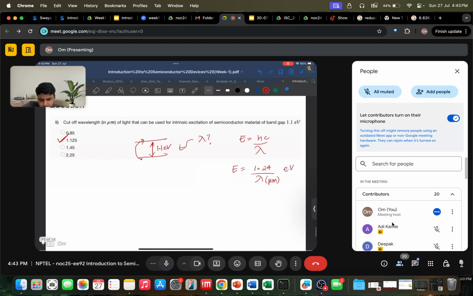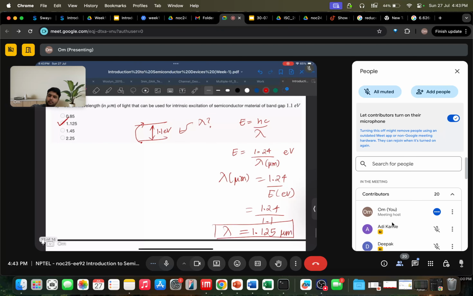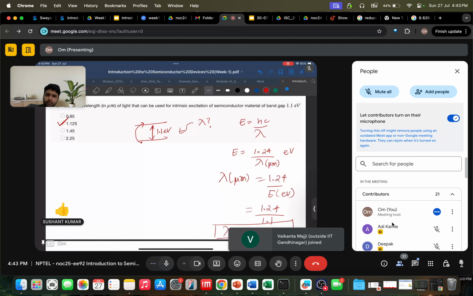So lambda in micrometer is 1.24 upon E in electron volt. 1.24 upon 1.1 is 1.125 micrometer. Simple question. Okay, sir.